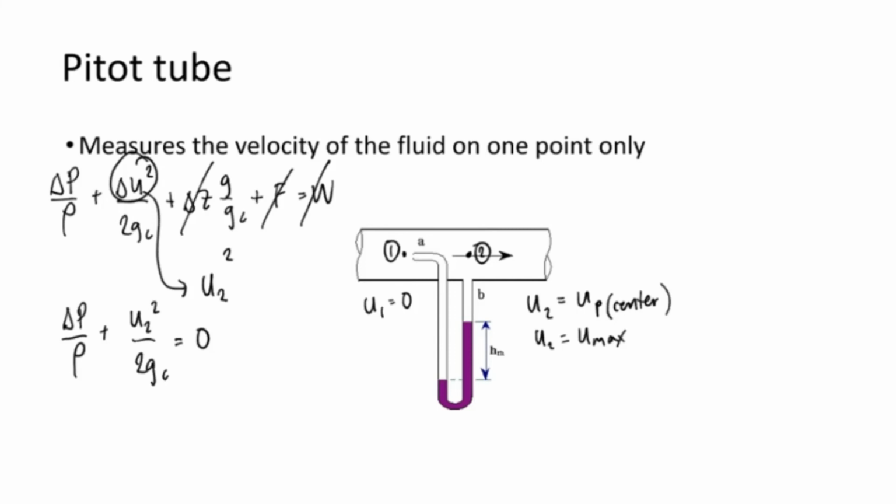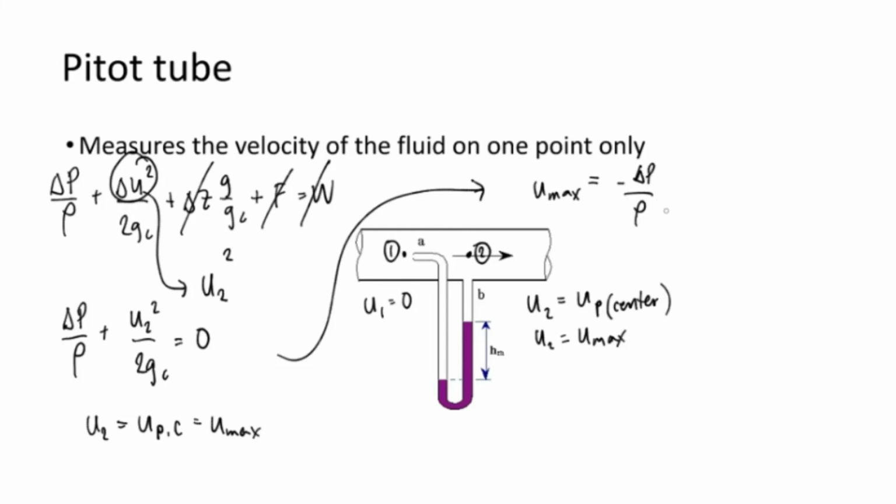Remember that U2, again, is the velocity at the center of the pipe, and this is the maximum velocity. Rearranging this equation gives us U max equals the square root of negative delta P times 2gc over rho. This is our governing equation for the maximum velocity of a fluid flowing inside of a pipe.